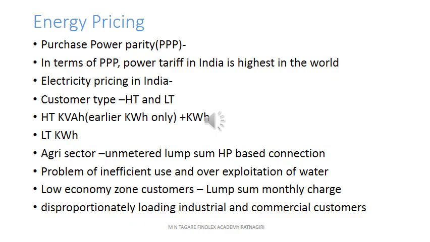Because of that, industries find it extremely difficult to manage, because the energy price is part of their cost of production. If it increases, their cost of product increases, and they may not be able to sell their products at a low rate. So this is the problem faced by the industrial and commercial customers.